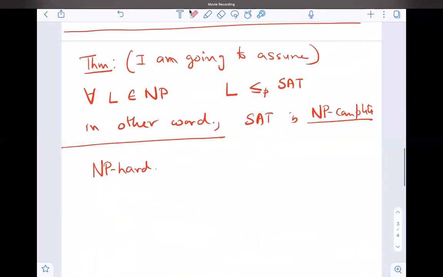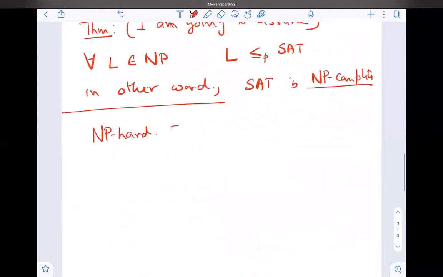Okay, so NP hard. Let me give you the formal definition. NP hard is the set of all languages L such that for all languages L tilde in NP, L tilde reduces to L. So these are all the problems that are at least as hard as all the problems in NP.